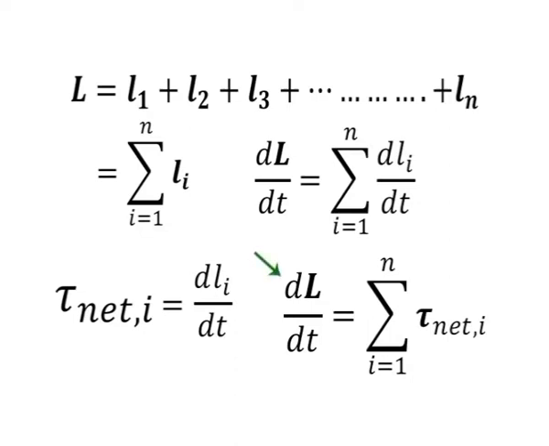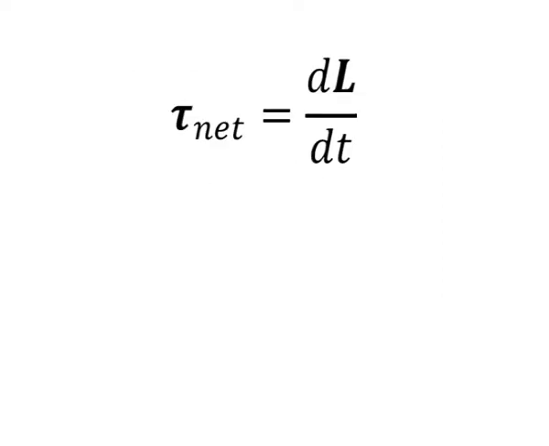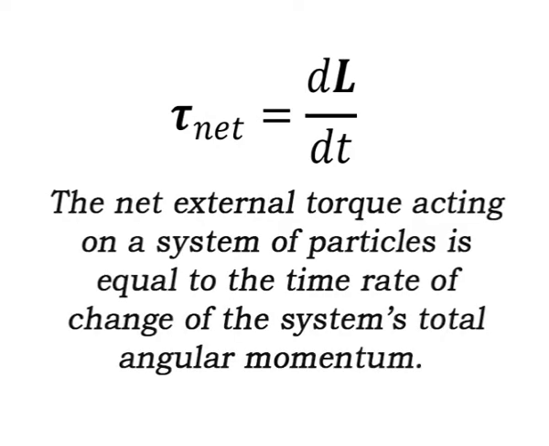Then we can write the above equation as τ net = dL/dt. This is Newton's second law in angular form. It says that the net external torque acting on a system of particles is equal to the time rate of change of the system's total angular momentum.